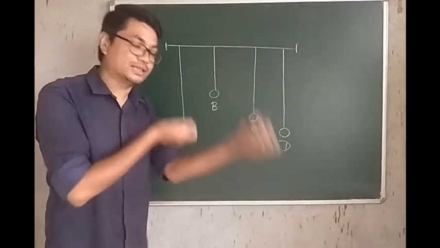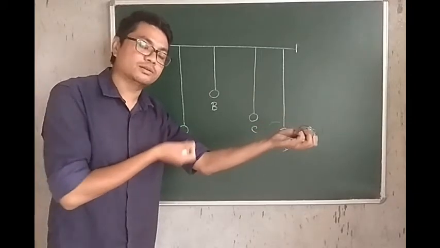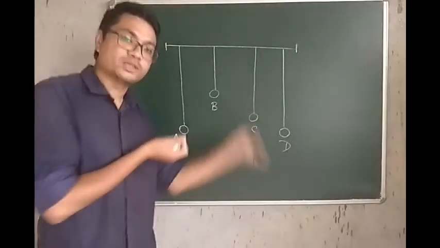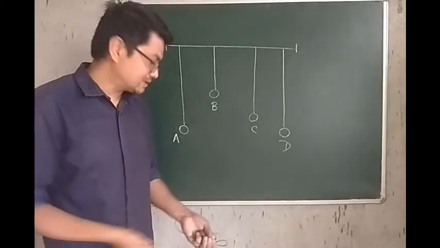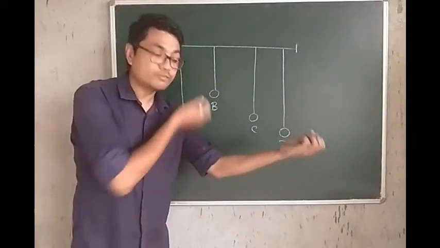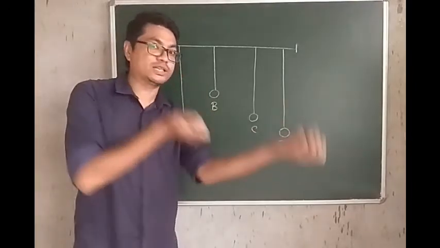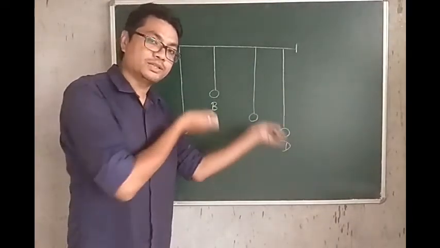Then after, A starts swinging very slowly with less amplitude, whereas D will swing with full amplitude, full flow. Then again you will see that A starts gaining energy and starts swinging, and D starts losing its energy. They swing together with the same amplitude.